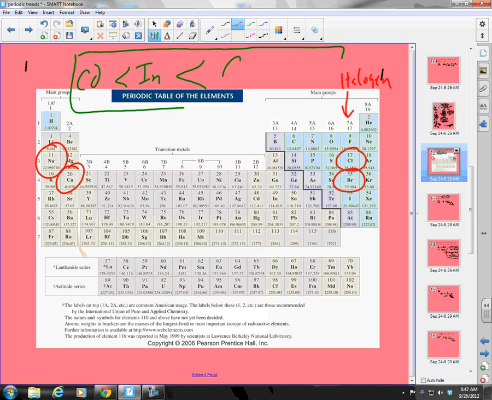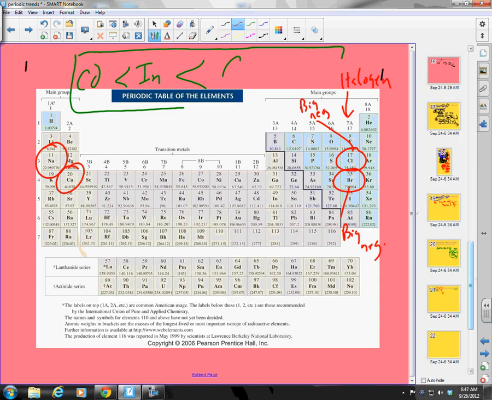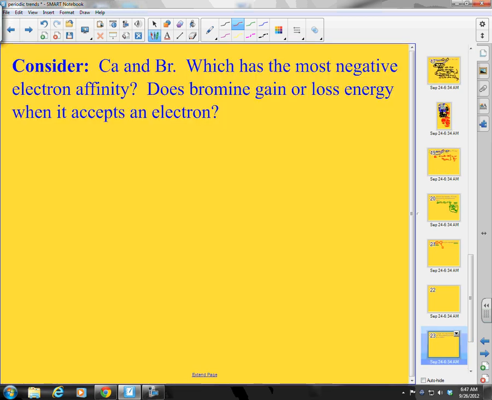So if chlorine is a big negative, that would mean that bromine is a big negative. Calcium is way over there to the left, and so it does not have a very large negative value, and so my answer is going to be what? Bromine has the most negative.